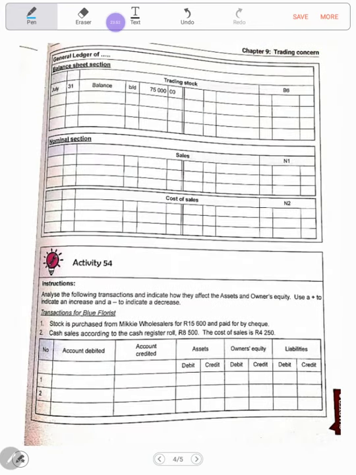Remember, they said that we've purchased the stock. So remember, bank is an asset, and I just told you again that trading stock is also an asset. Okay, so you're going to ask yourself, what do I do with assets that decrease? It's obviously credited, and you're going to write the account that is credited. In this case, bank will be credited because bank is an asset account that is decreasing.